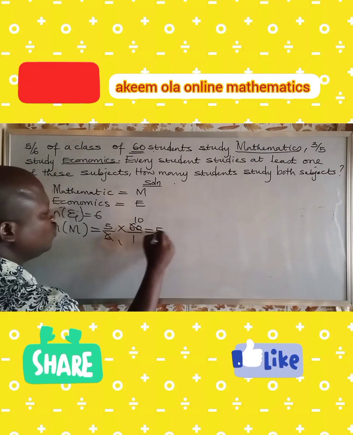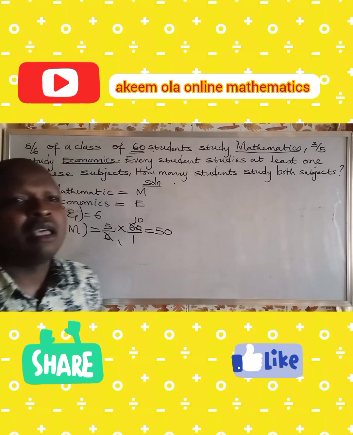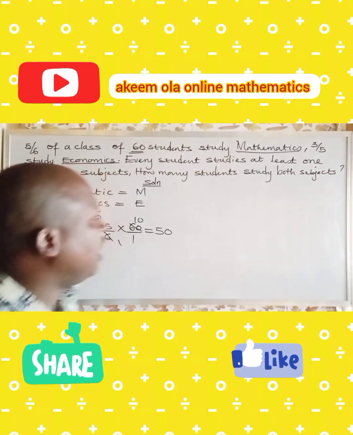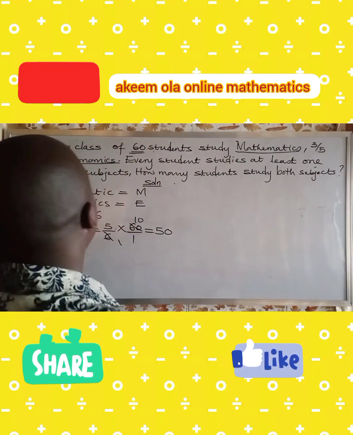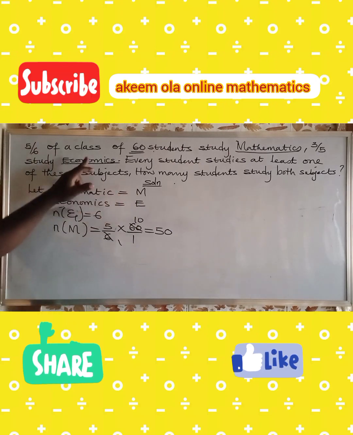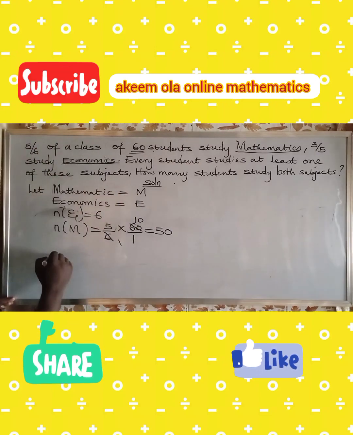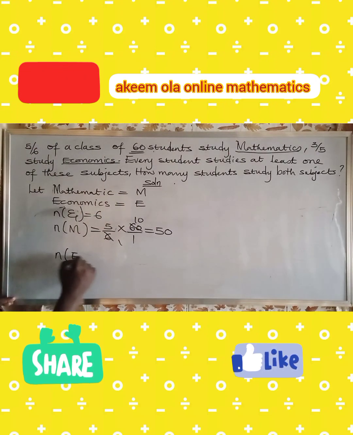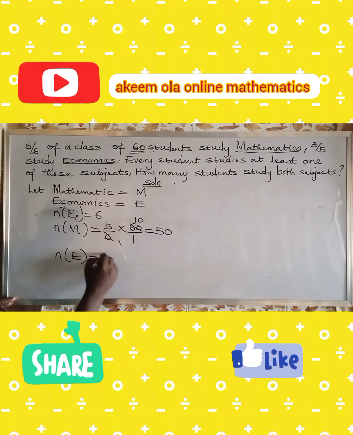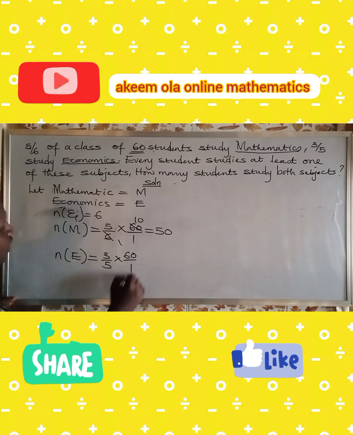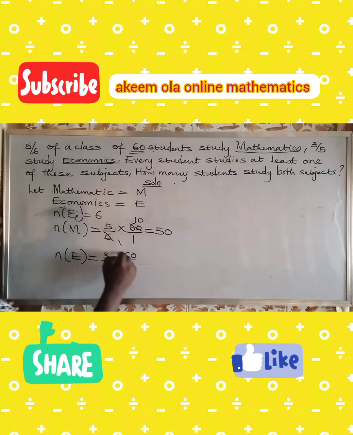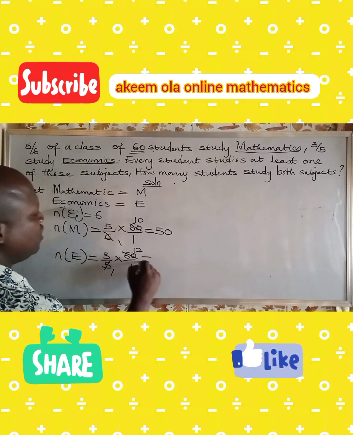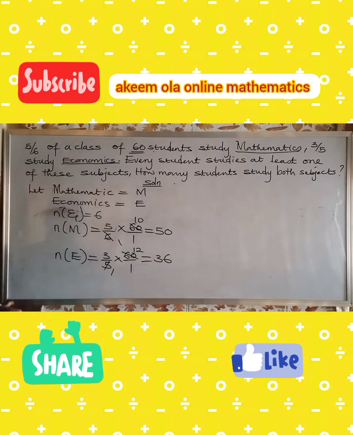That means 50 students study mathematics. Now, they said 3/5 of these students again study economics. That means we are going to have n(E) equal to 3/5 times 60/1. 5 here is 1, 5 here is 12. That means we are going to have 36.